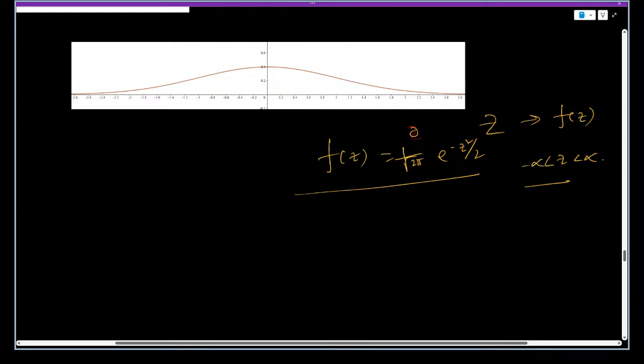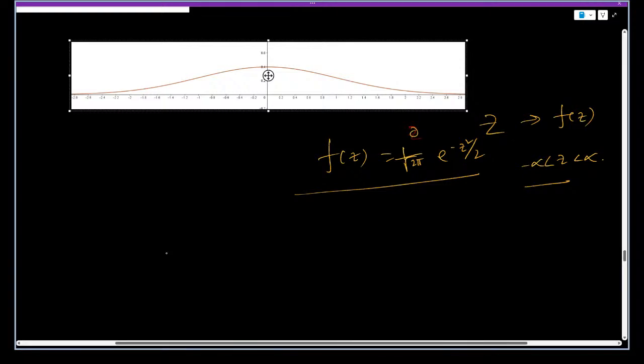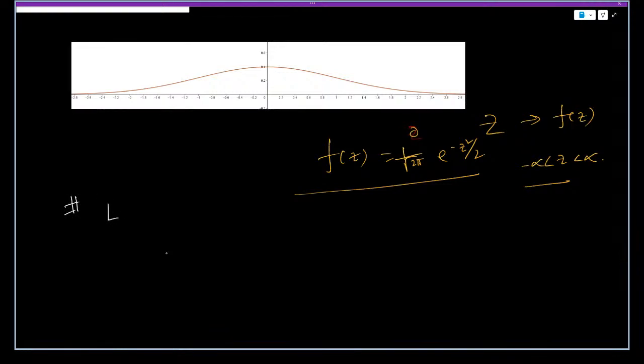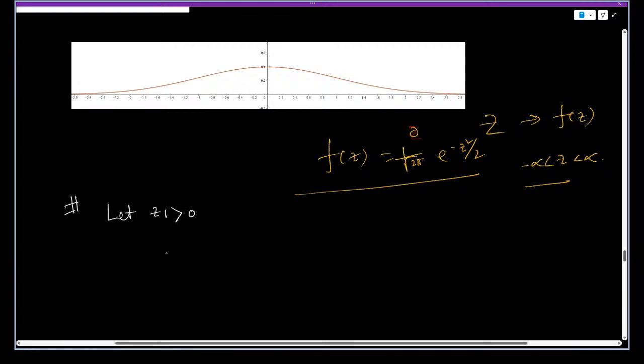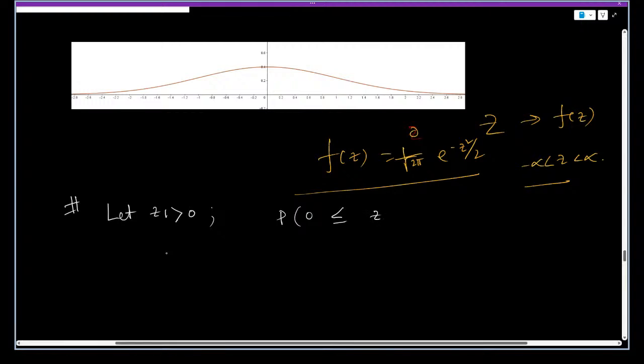Now, I'm just discussing a few cases. The problem will be simplified for you then. Suppose Z1 is greater than 0 and you want to find the probability of this event, Z greater than or equal to 0 and less than or equal to Z1.